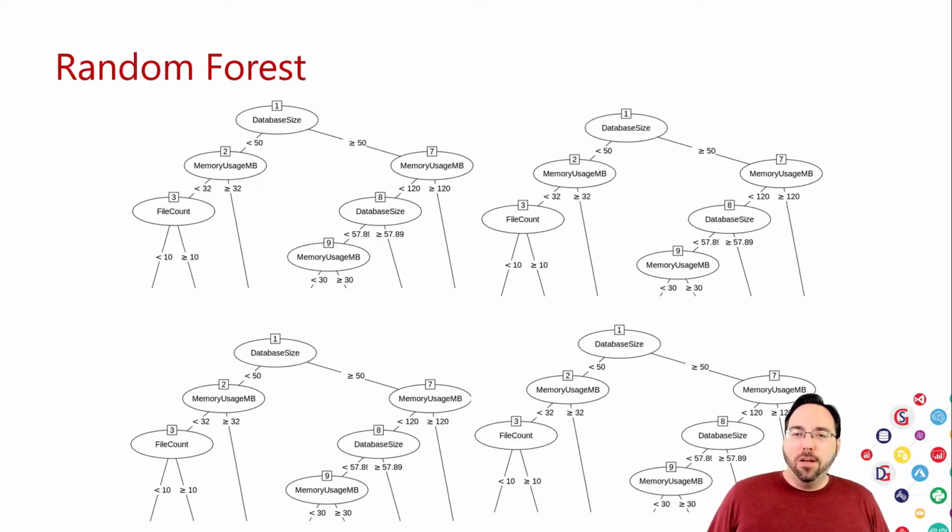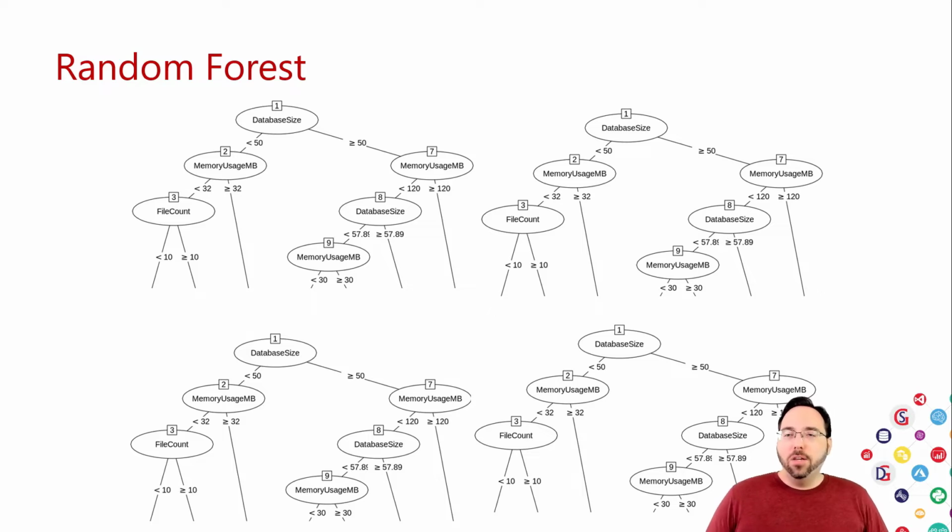Random forests are a series of decision trees. What you can think of is, I have a decision tree that's made up based off of data. Well, what happens if I reduce the number of data points? I change the set of input data points.